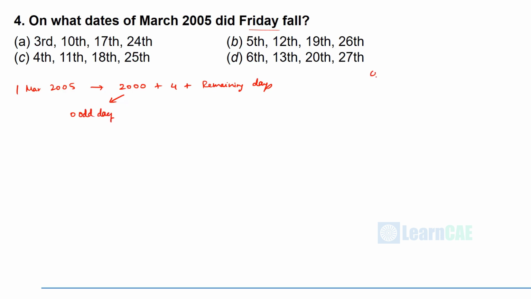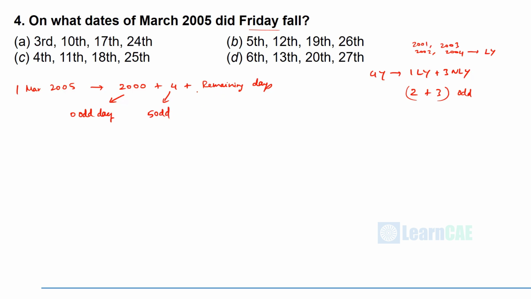Next, in 4 years there is 1 leap year and 3 non-leap years. That is 2001, 2002, 2003, 2004. 2004 is a leap year and all other 3 are non-leap years. Therefore, there are 2 odd days in 1 leap year plus 3 odd days in 3 non-leap years. Therefore, in these 4 years there are 5 odd days.